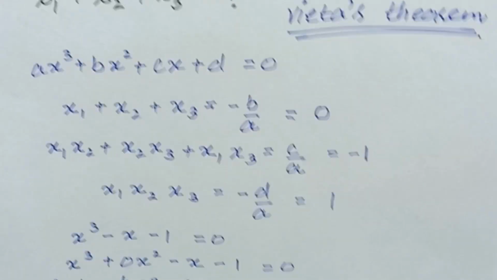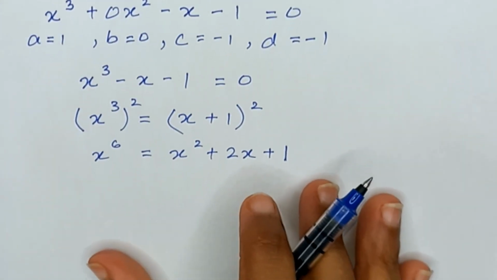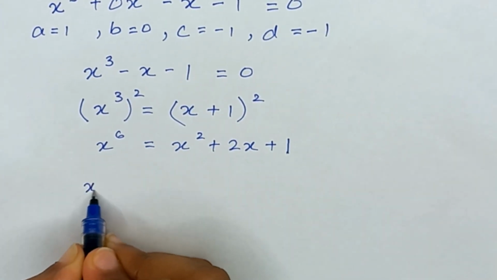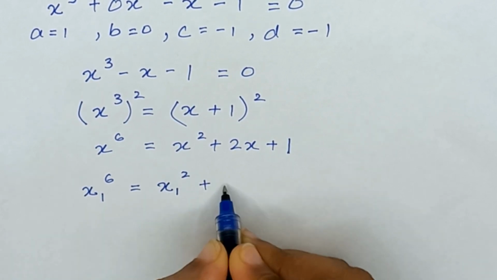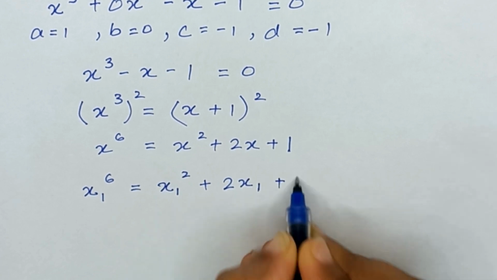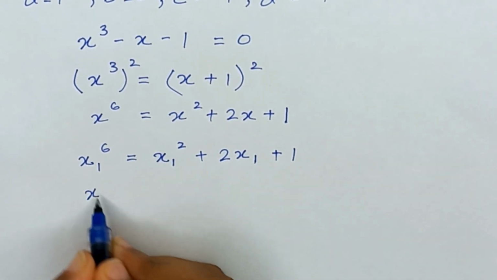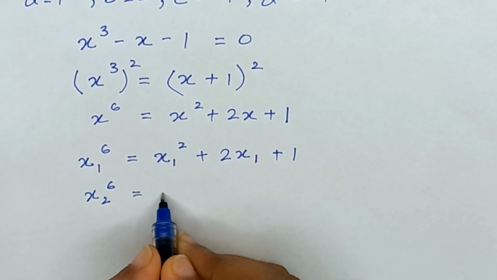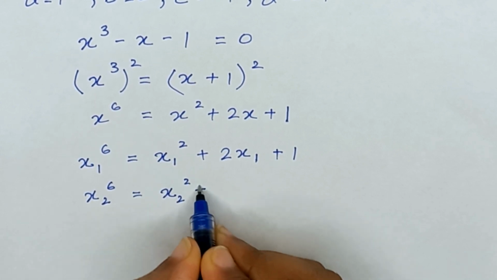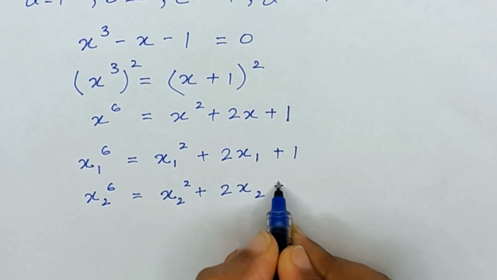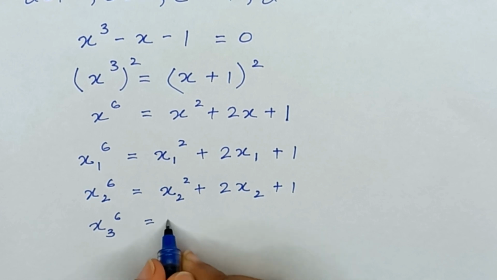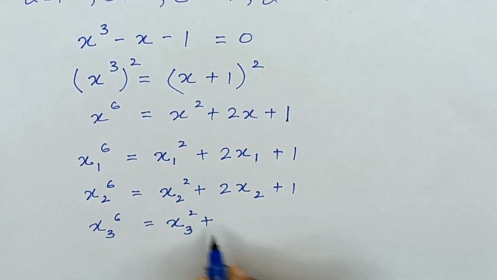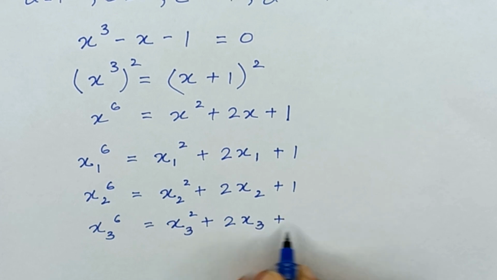Since x1, x2 and x3 are the roots of this equation, I can write x1 raised to the power 6 is equal to x1 square plus 2x1 plus 1. Similarly, x2 raised to the power 6 is equal to x2 square plus 2x2 plus 1, and x3 raised to the power 6 is equal to x3 square plus 2x3 plus 1.